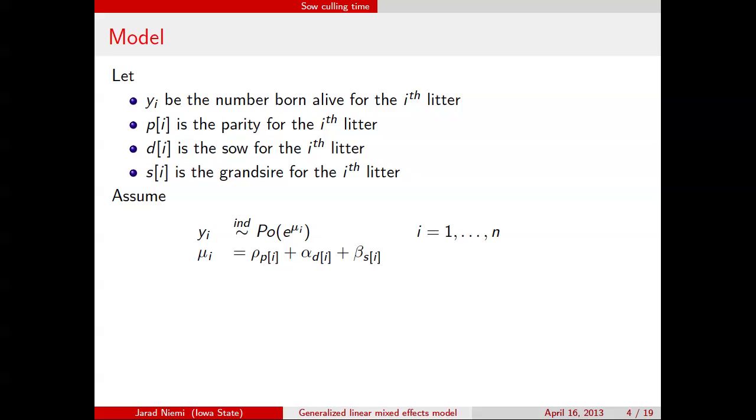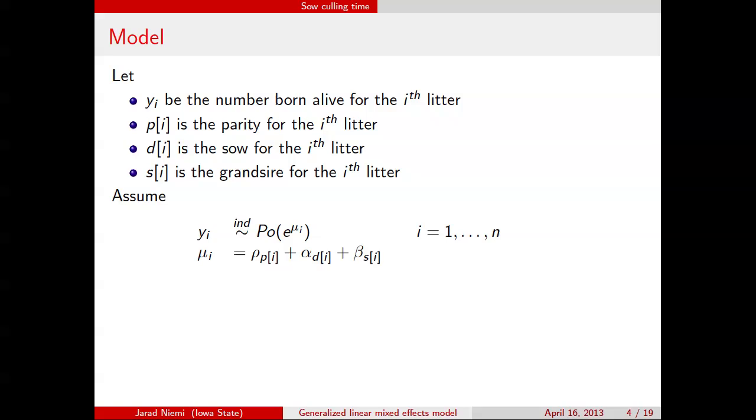So here is the function of the log of the mean. Here we're calling it mu, where mu for that particular litter depends on which parity it was, what the sow effect was, and what the grandsire effect was. So again, parity effect, sow effect, grandsire effect.